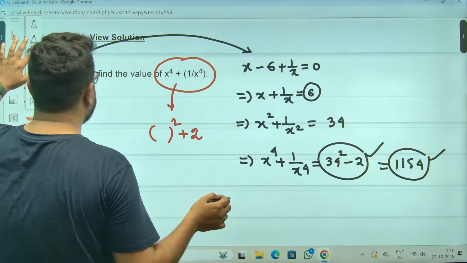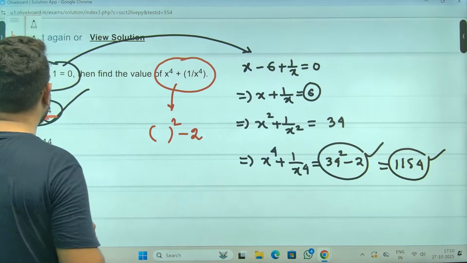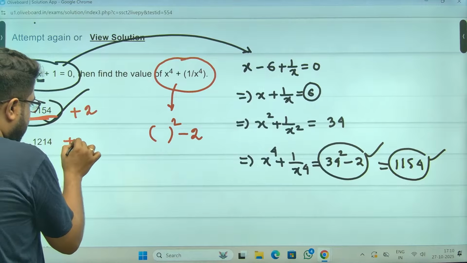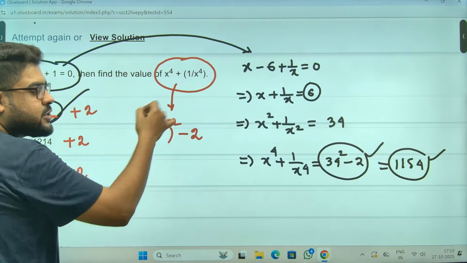This will be something square minus 2, because p square minus 2. So if I add 2 to all the options, I should get something square.